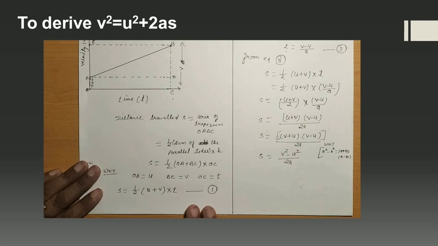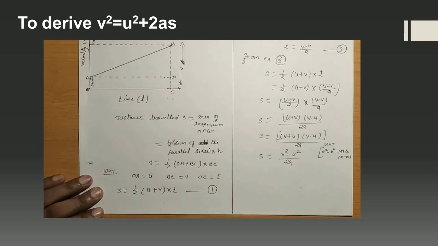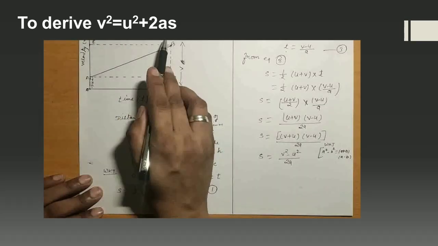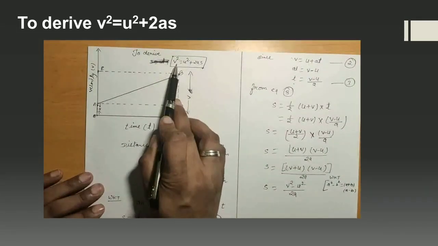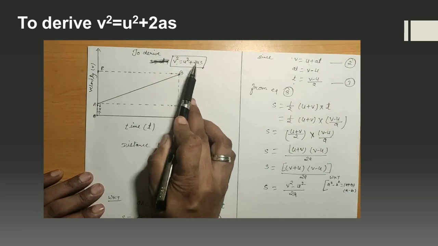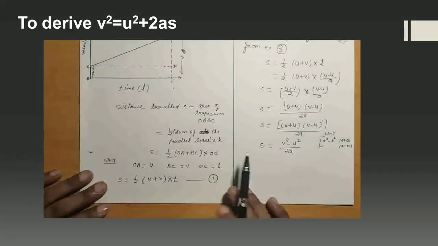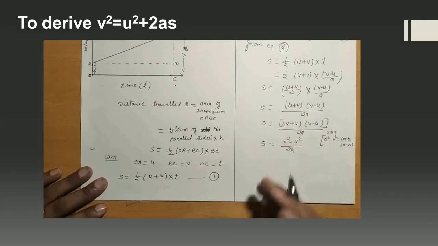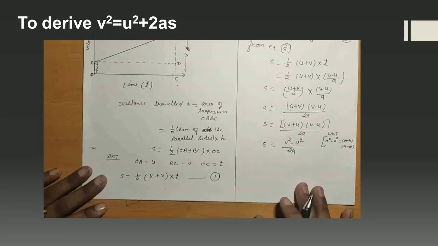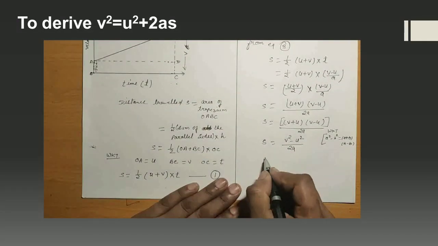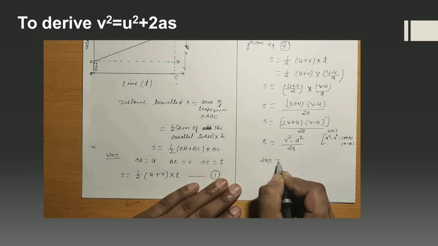Okay, so here 2A. Got it? But what is the third equation of motion? The third equation of motion is V square is equal to U square plus 2AS. So we have to arrange this according to the equation of motion. So from here 2A will come here, 2AS.